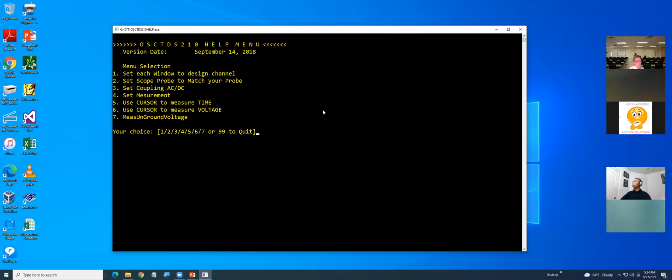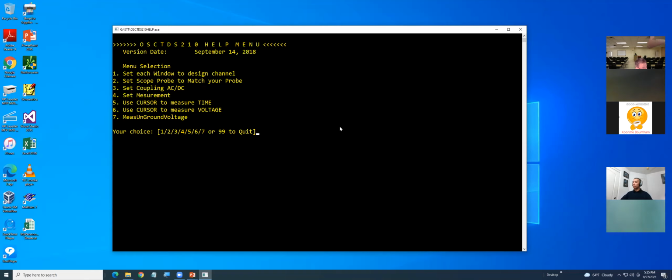Normally, when you use the scope to measure voltage, the probe must be grounded. That means you connect to a certain point, and the scope probe must be grounded. Now, if you want to measure between point A and point B, it's not grounded. How can we measure? That will be number 7.